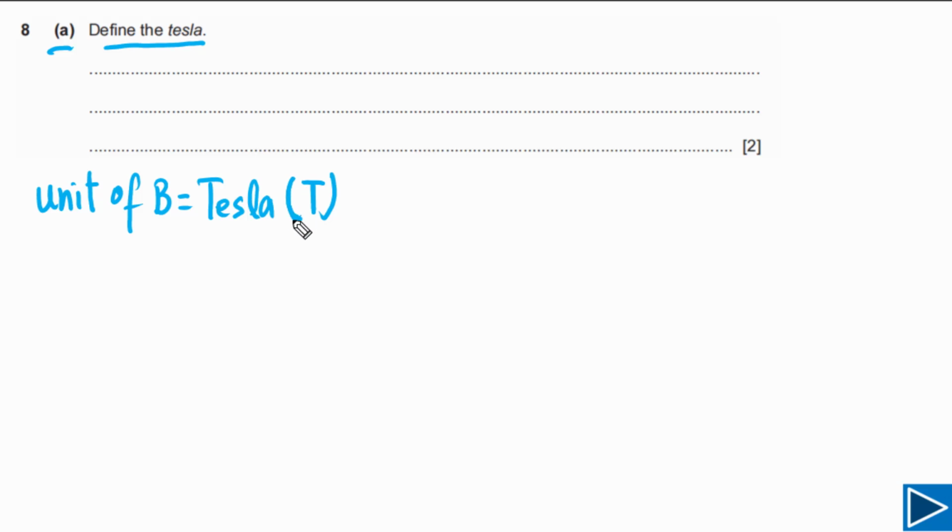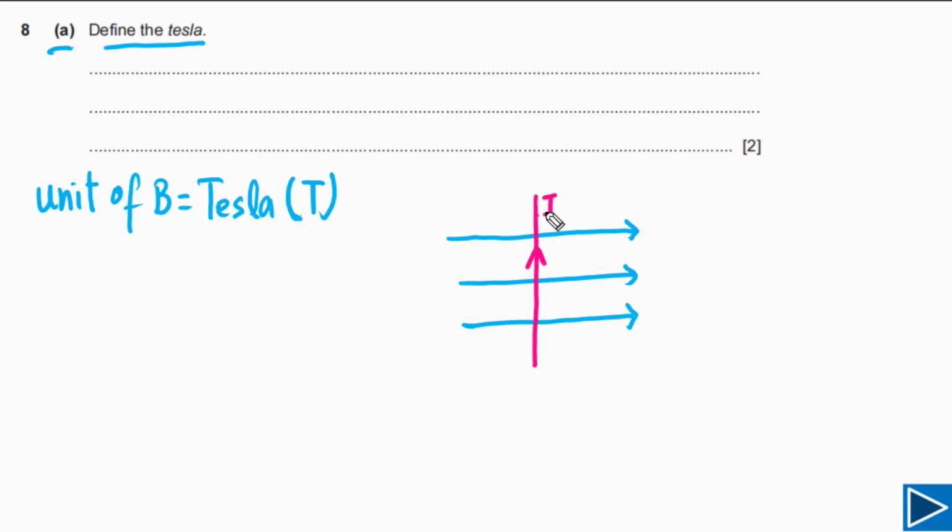Now let's try to understand how we can define Tesla. Imagine that we have a uniform magnetic field, and inside this uniform magnetic field we place a wire, and there is current in this wire.